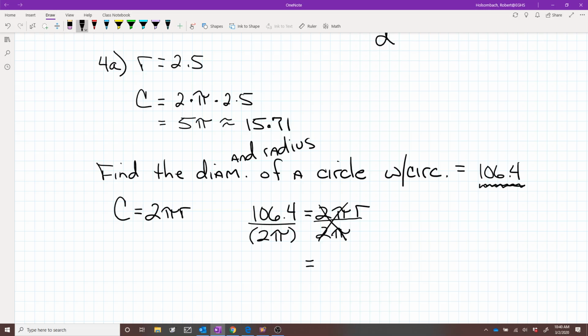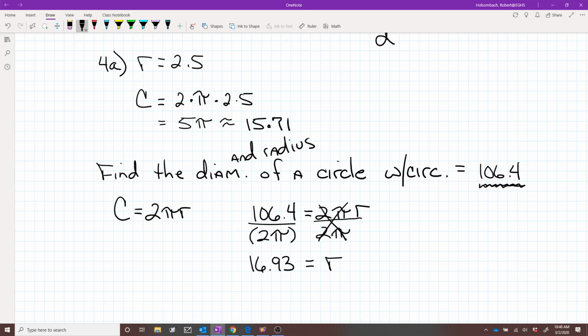You've got parentheses right above the 8 and the 9 on your calculator. So in your calculator, you type 106.4 divided by left parenthesis, then push 2 times the pi button, right parenthesis, and hit equals. You should get 16.93. So 16.93 is the radius.